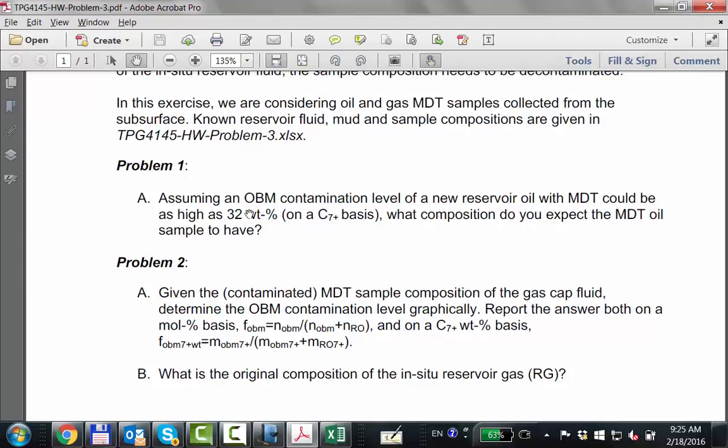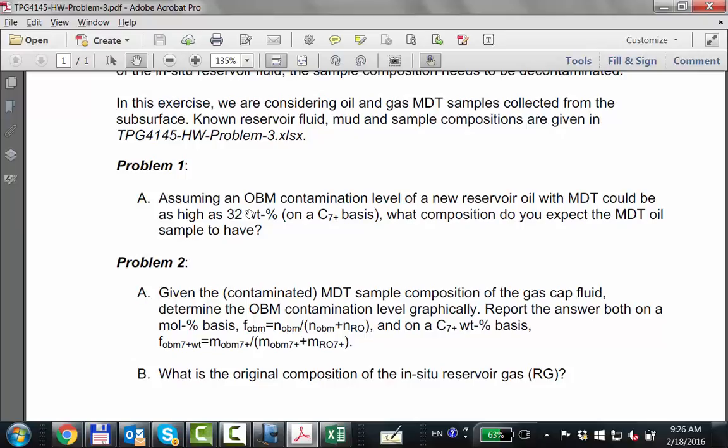Now, when you write the Excel sheet to solve this problem, that number 32 will be in some cell. It'll be in red or whatever your favorite color is, indicating that you can change that number, and your whole analysis will calculate anew. Okay, and what we're interested in is looking at this in situ reservoir composition, particularly the heavy ends, C7 and heavier, how it looks with no contamination.